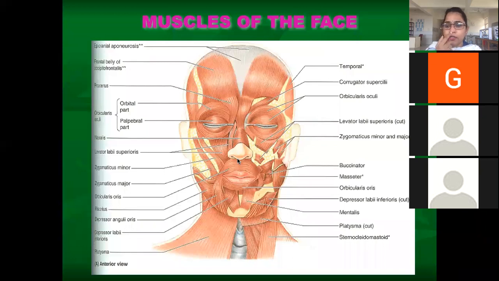Dilator nares contains depressor septi and compressor nares. These are the two parts.